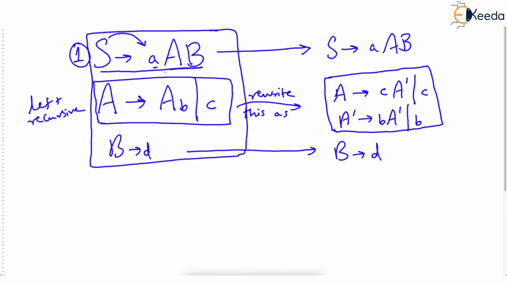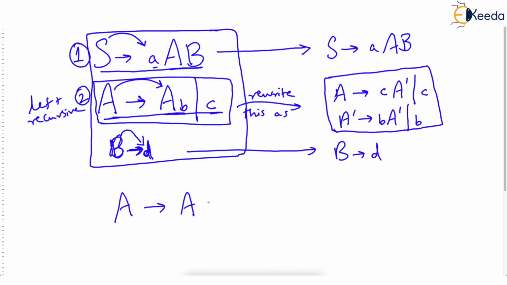Good. You can see this B derives small d. This is also not left recursive because capital B is not written immediately on the right hand side. But this production A derives AB or C is left recursive, clearly, because the same non-terminal occurs immediately in the beginning of the right hand side. Are you understanding?